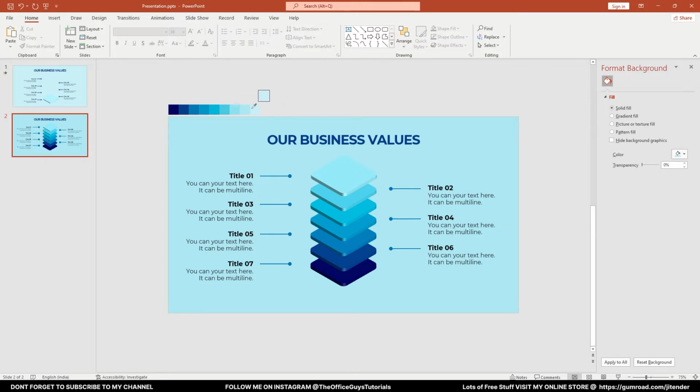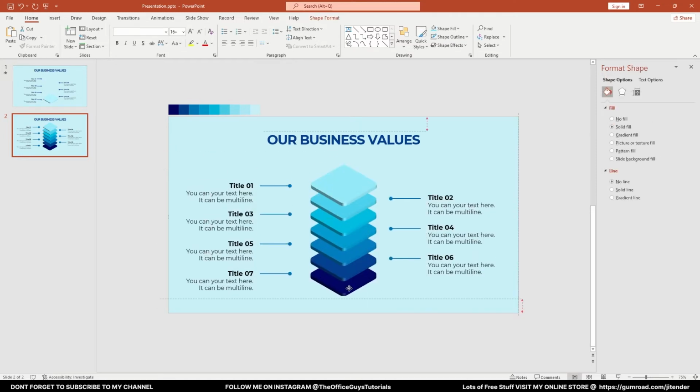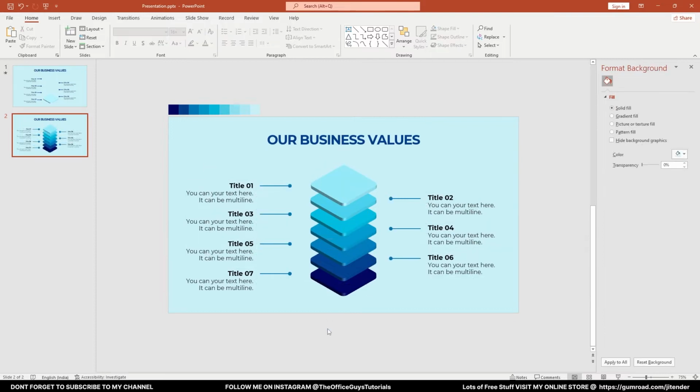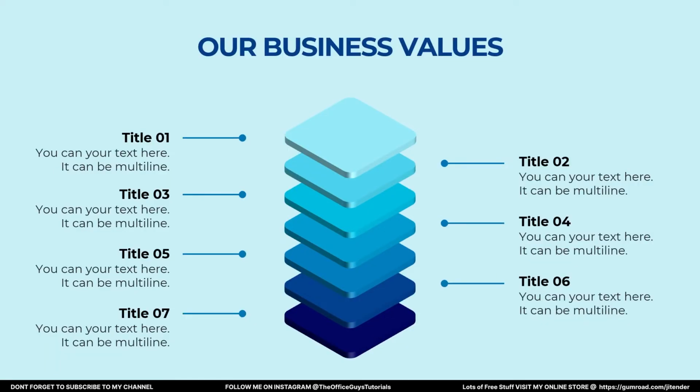So I'll just take a little lighter than that so that we can see that. So right now I feel everything is fine. The only thing that is concerning me is it's too close to the title. So what I'm going to do is I'll just take everything and I'll just keep it here. Okay, that looks fine.